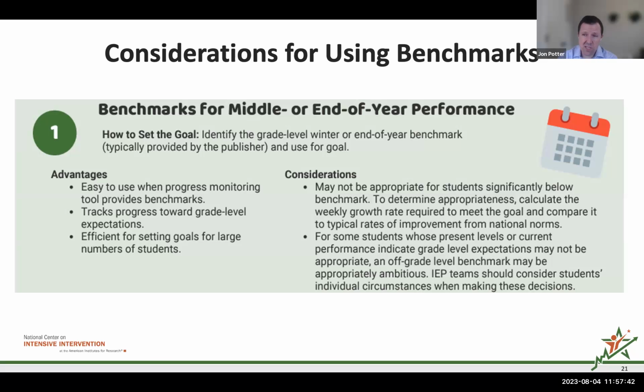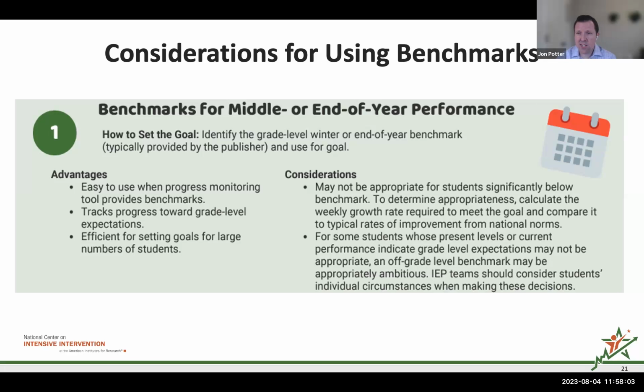For some students, that may not be a realistic, appropriate end of the year goal. I'm thinking about kids where you look at the growth rate that it would take for them to get to that end of the year goal. Maybe that growth rate is so high that, to be honest, not many kids have ever done it successfully.